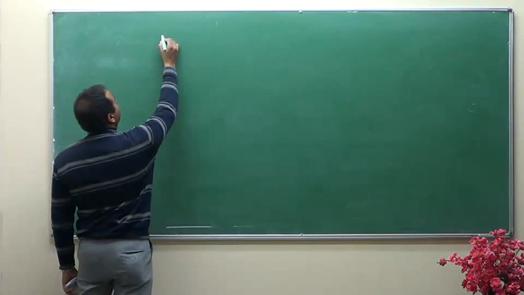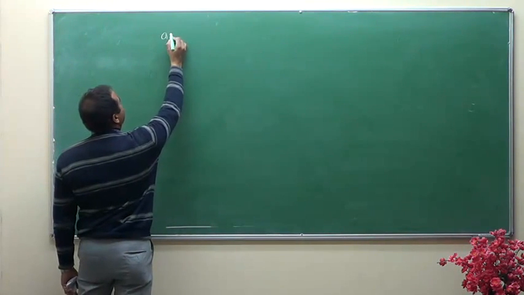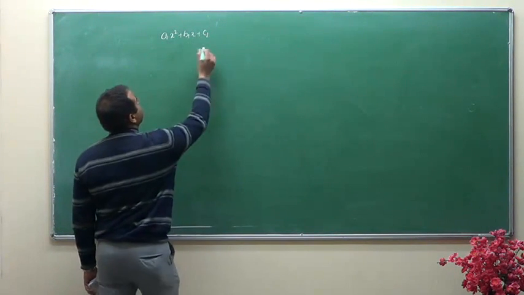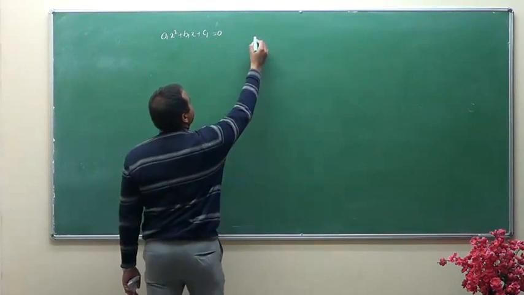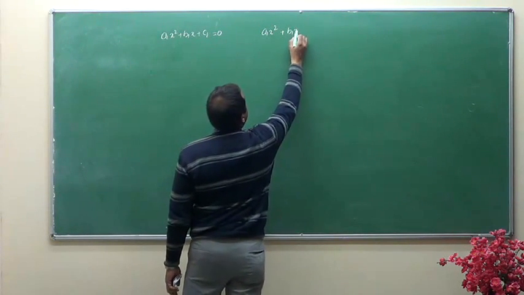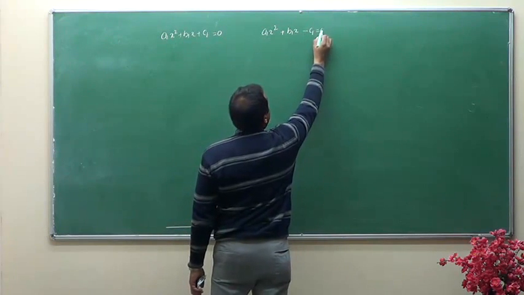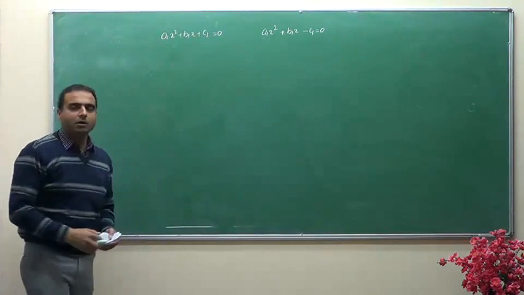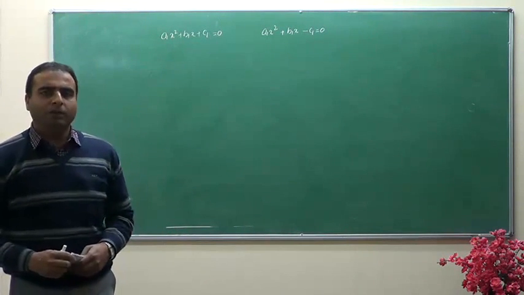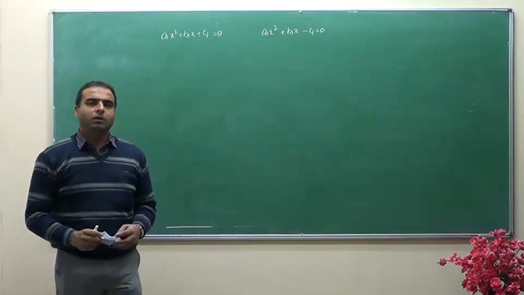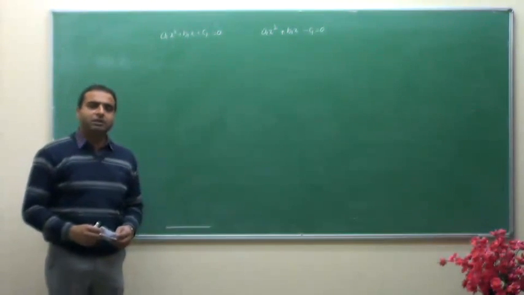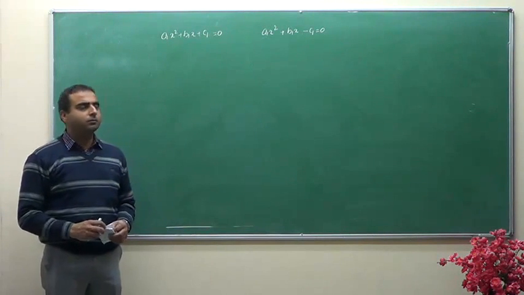Suppose we have two quadratic equations: a1x square plus b1x plus c1 equal to 0, and the second quadratic equation a1x square plus b1x minus c1 is equal to 0.